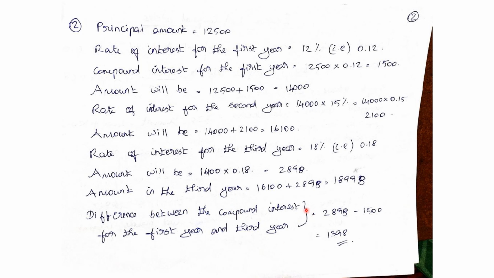Amount in the third year: 16,100, this is the principal amount, plus 2,898, that is 18,998. Now we just need to find the difference between the compound interest for the first year and the third year. For the first year, the interest is 1,500. For the third year, the interest is 2,898. So 2,898 minus 1,500, we'll get 1,398.